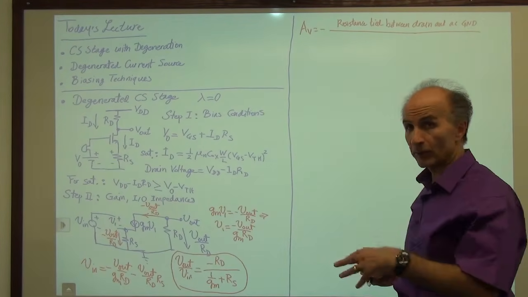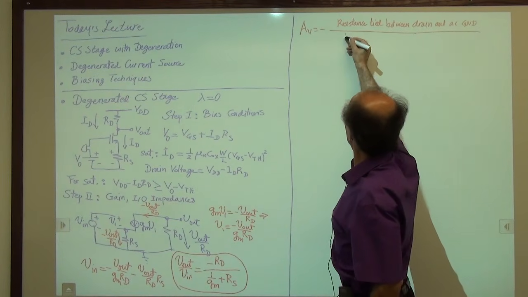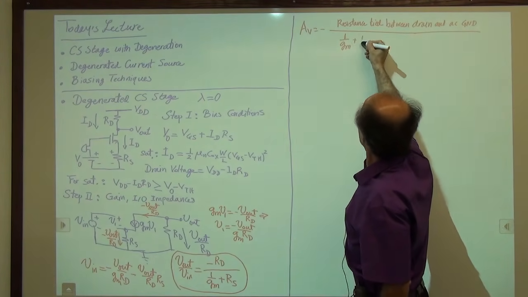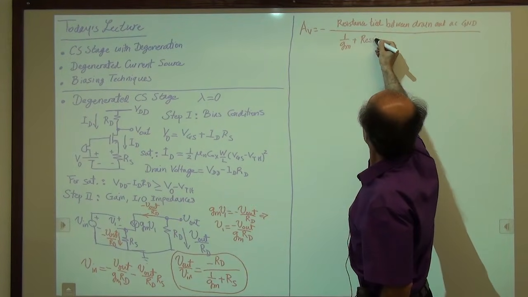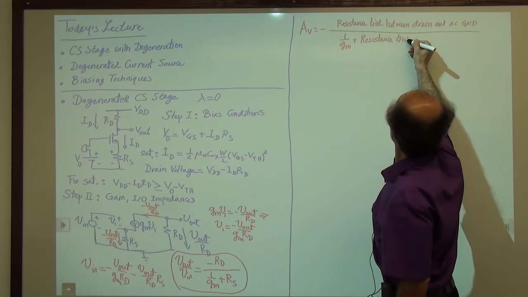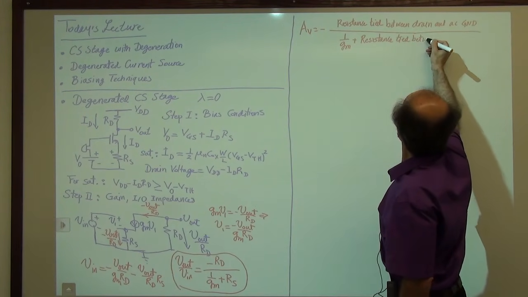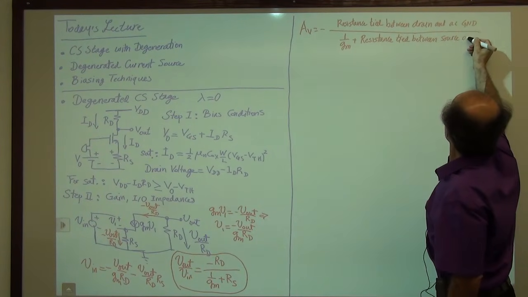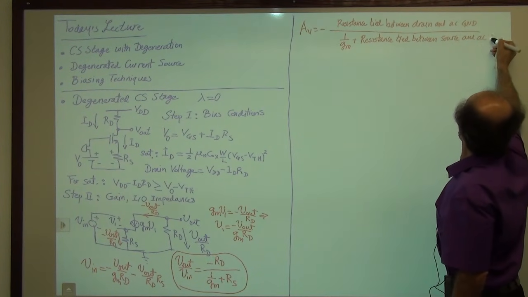Okay, and in the denominator we have 1 over GM, we'll just keep it, plus the resistance tied between source and AC ground.